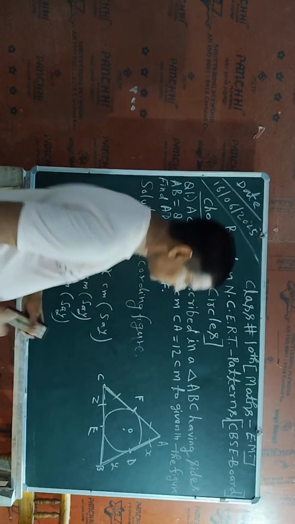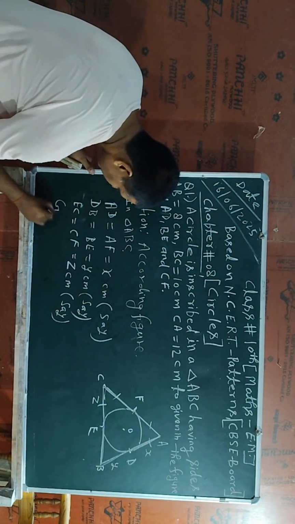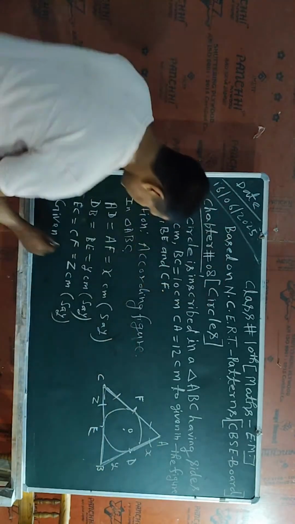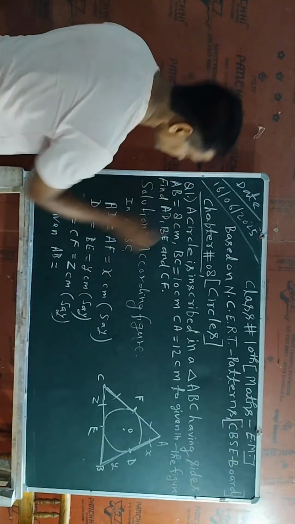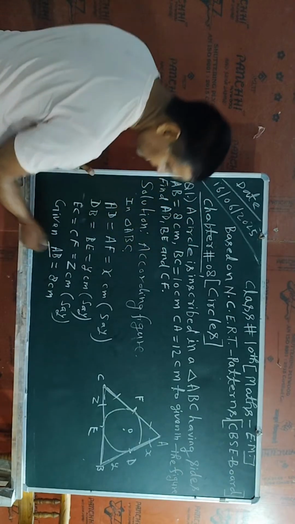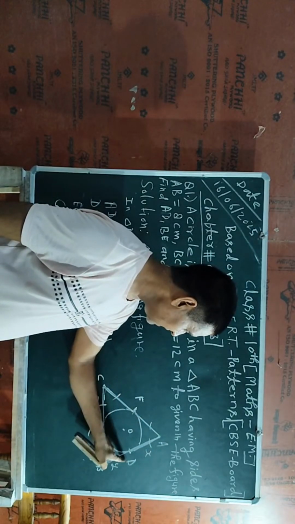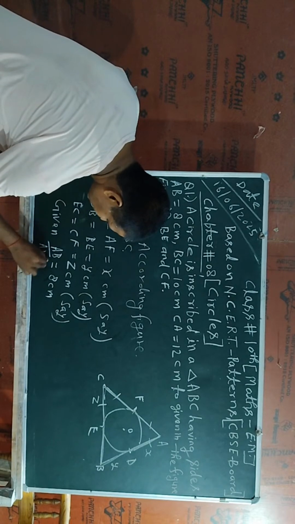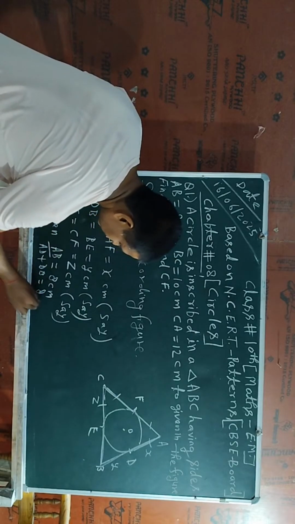Okay. Now the given information available in the question, I will say given length AB, that is given here 8 centimeter. So I will write here 8 centimeter. So length AB I can write AD plus DB, which is equal to 8 centimeter.